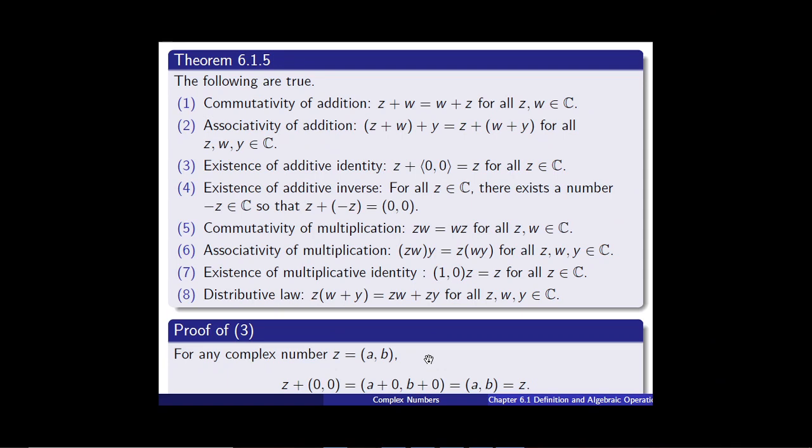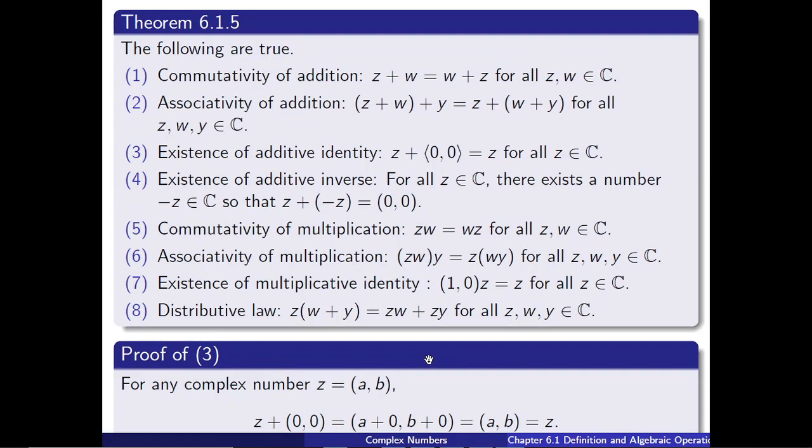So let's look at proofs. We're going to do a couple of proofs for these, and the rest will be left as an exercise. So proof of 3, the existence of an additive identity. For any complex number z which is equal to (a, b), we can see that if we say z plus (0, 0), it is going to be equal to (a plus 0, b plus 0), which is (a, b), which is equal to z.